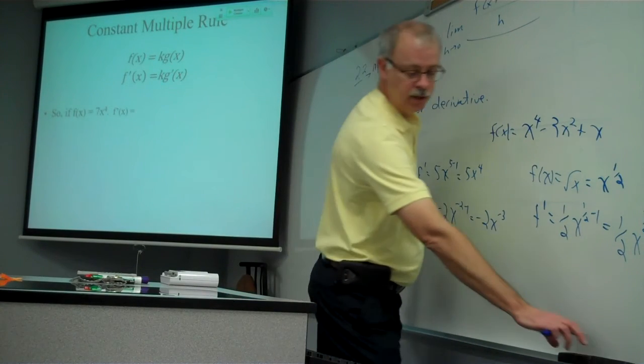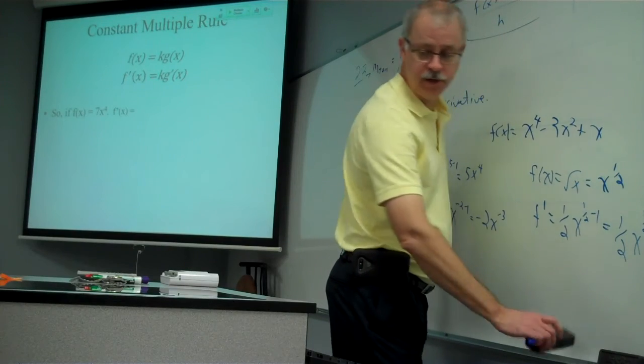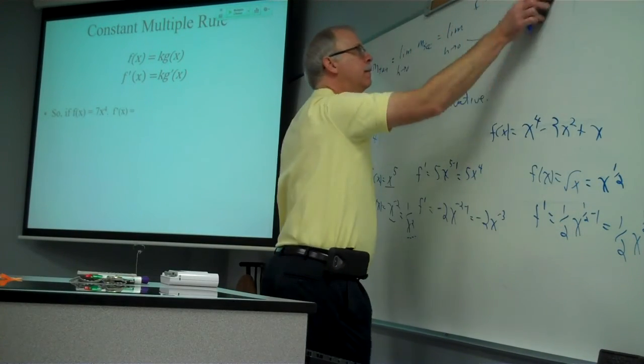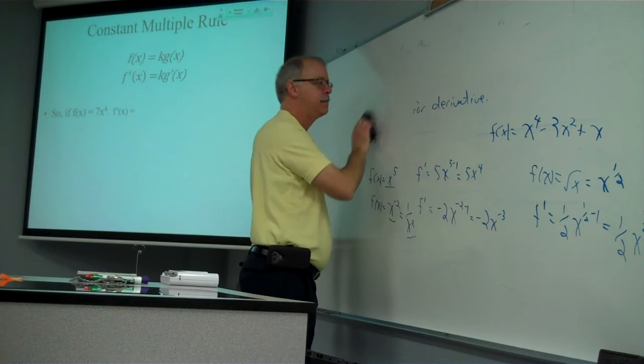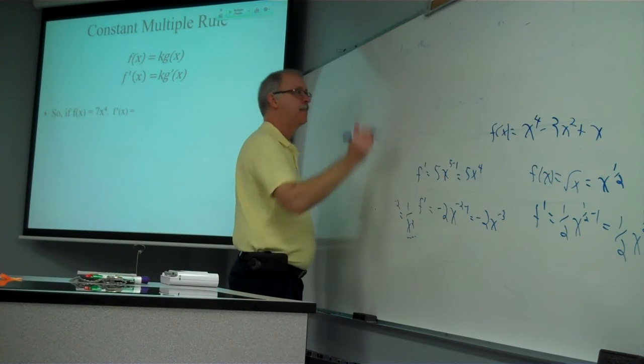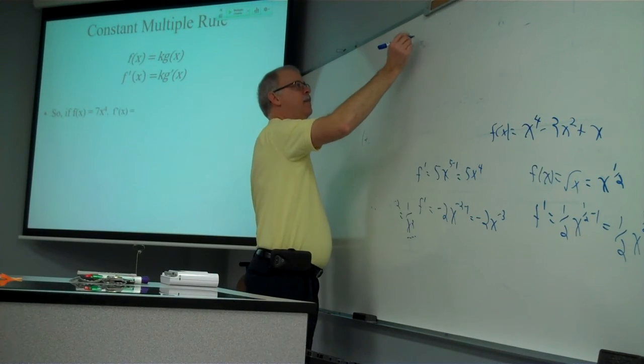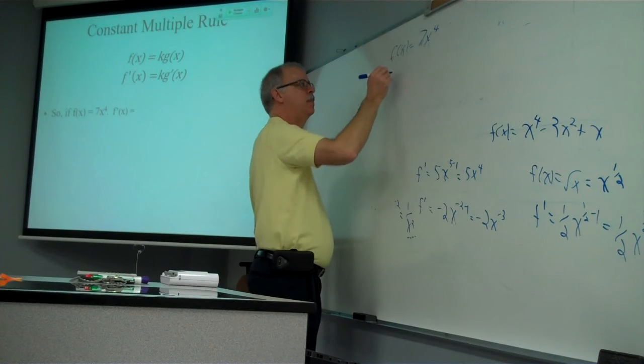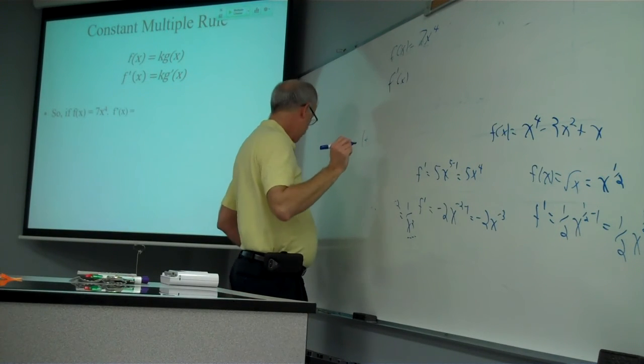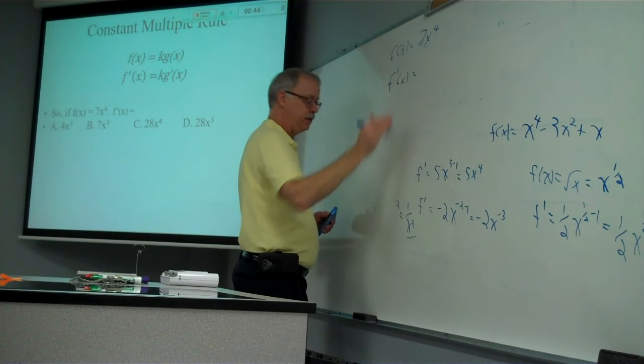So suppose we had this one, 7x to the 4th. What is our derivative going to be?